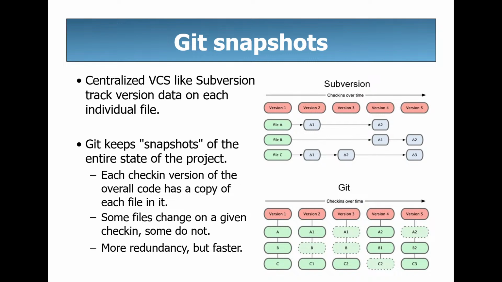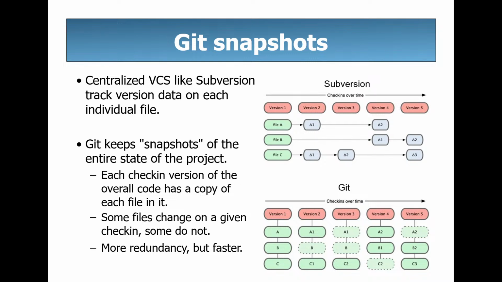Second one, subsequent commits. For each new commit, Git takes another snapshot of the project files. If files have not changed since the last commit, Git does not store a new copy of those files. Instead, it references the previous snapshot.